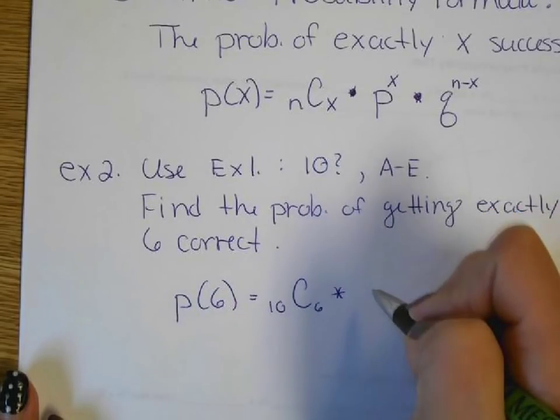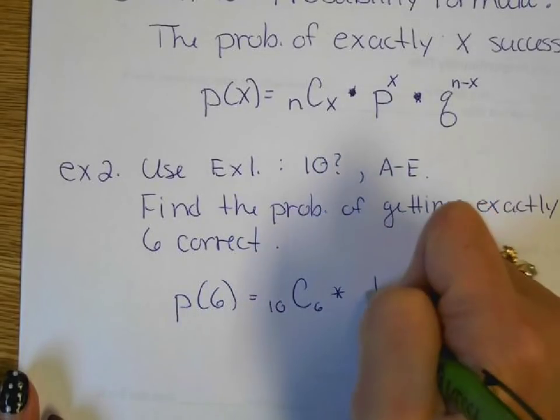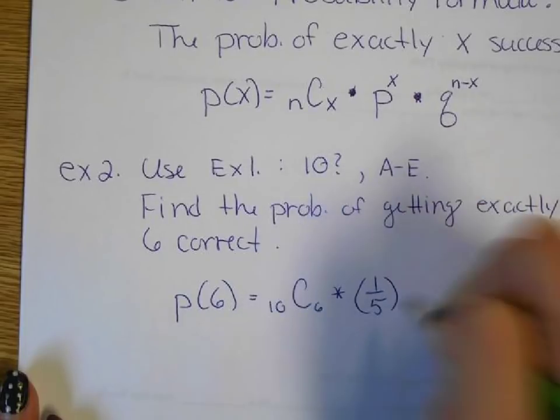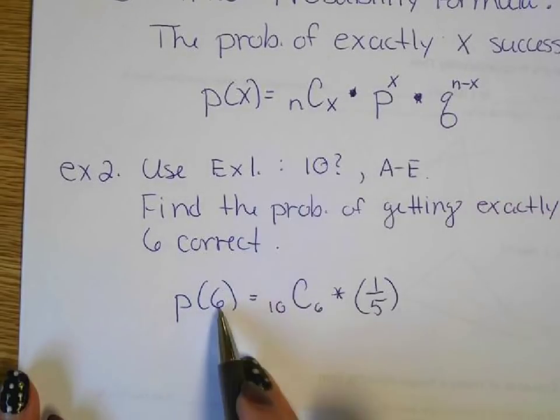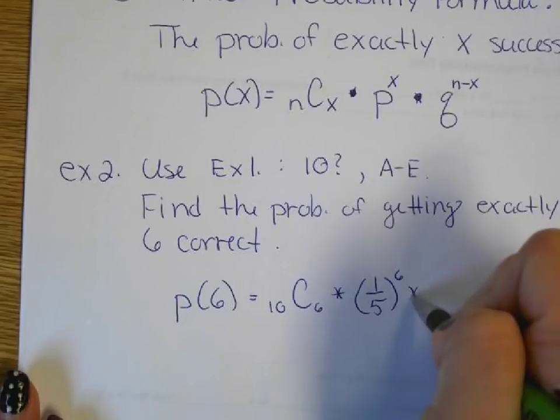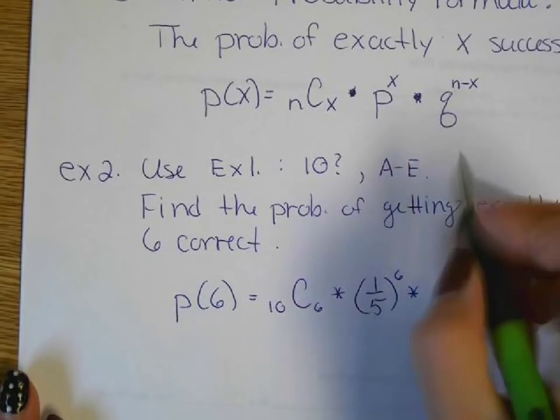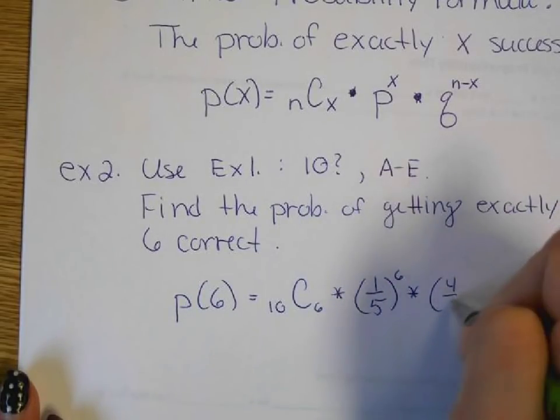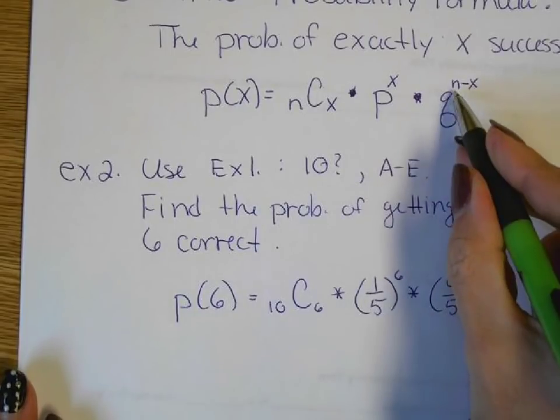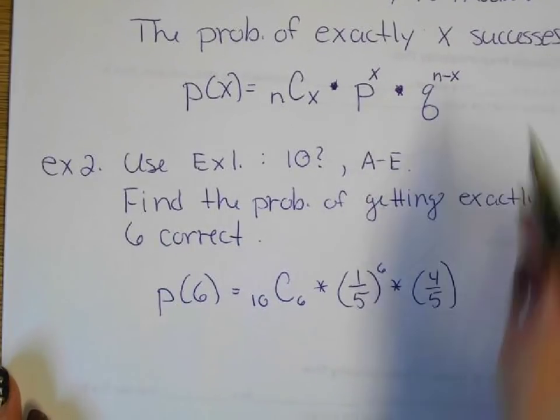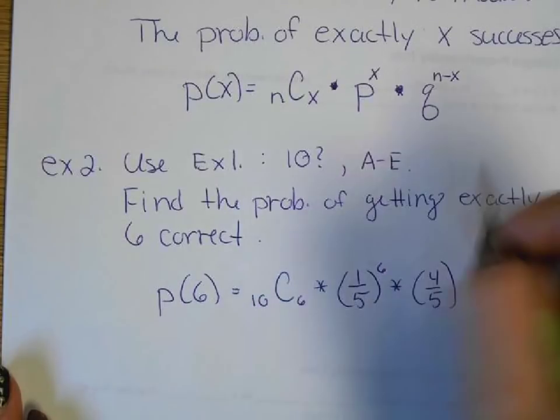So I can use 1/5, I can use 0.2, whatever you want. I've got to raise that to the X, which is 6, multiply by the probability of failure, raised to the n minus x, so that's 10 minus 6, or 4.